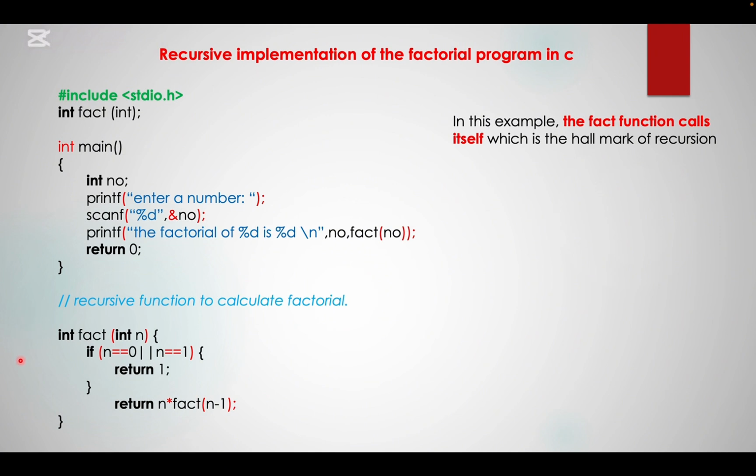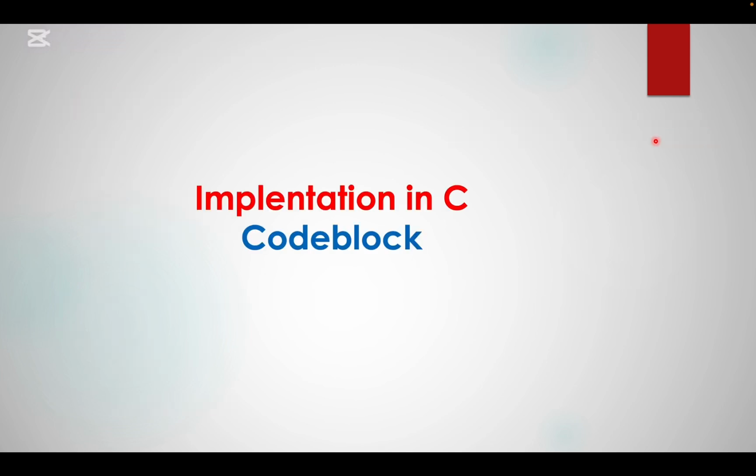So this is the recursive approach where a function calls itself. In this example, the fact function calls itself, which is the hallmark of recursion. So recursion is about a function calling itself.